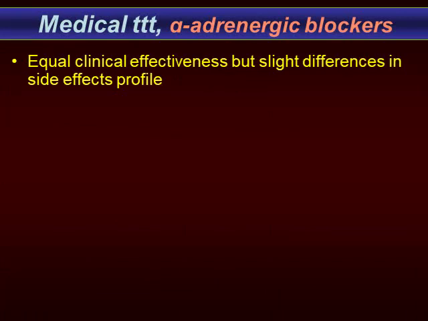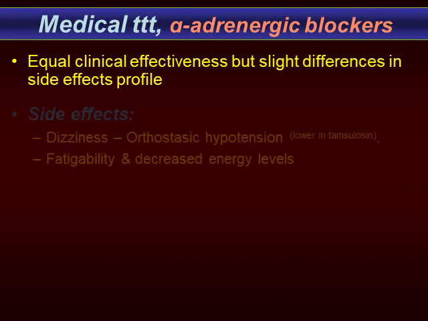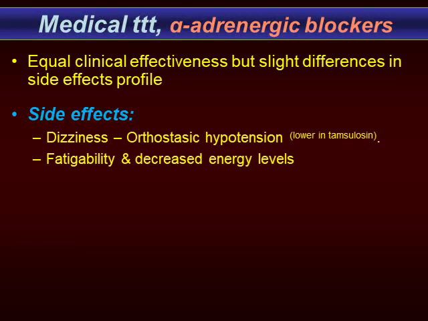All alpha blockers, whether selective or non-selective, have equal clinical effectiveness. The difference is only in the side effect profile. Non-selective, as they act on the adrenergic receptors in the blood vessel and the prostate, could cause vasodilatation, hypotension, easy fatigability.